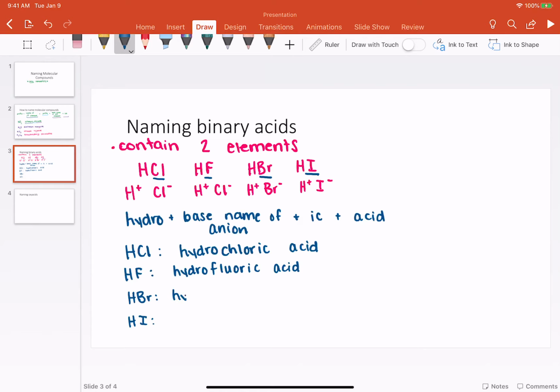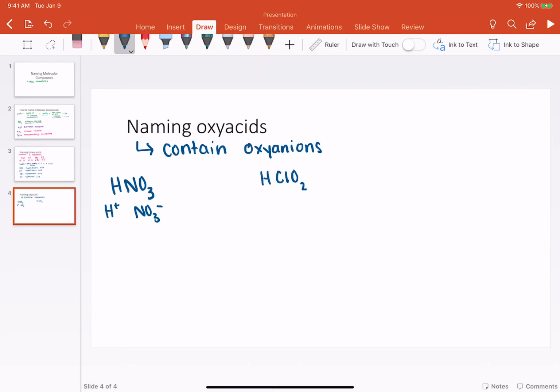And then we have HClO2. It's another example. So do you have a guess as to what that one is called? We have our H plus, ClO2 minus. So remember that ClO2 minus has one fewer oxygen than the chlorate you were asked to memorize.